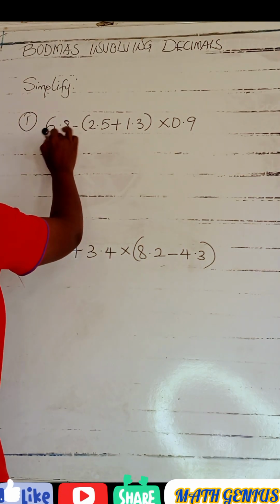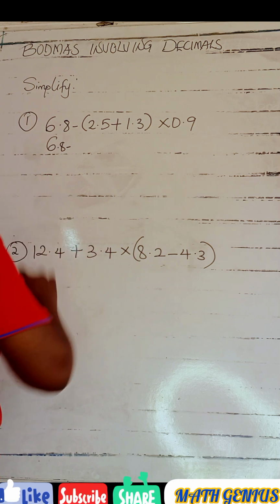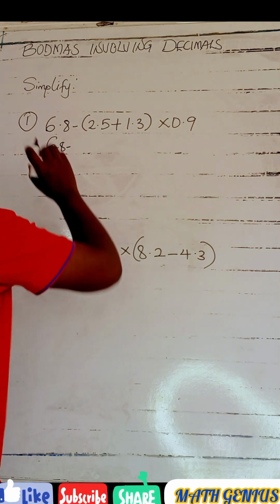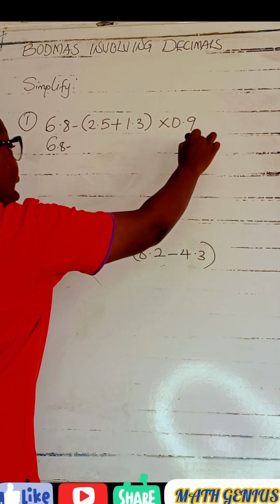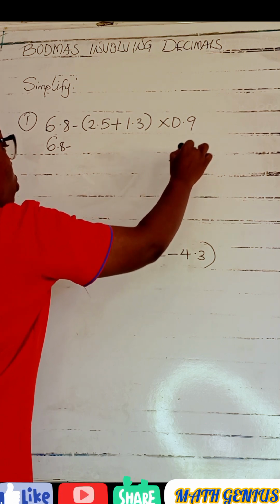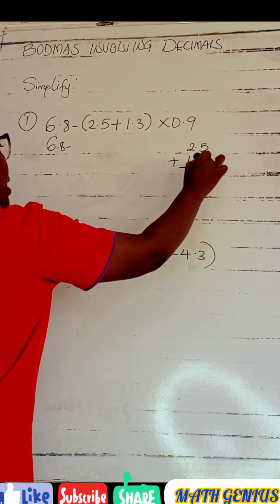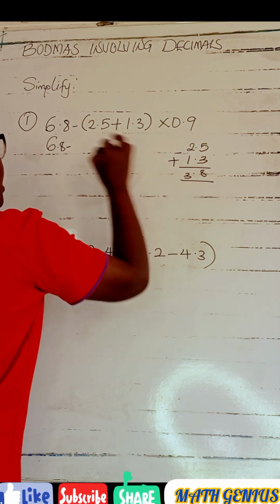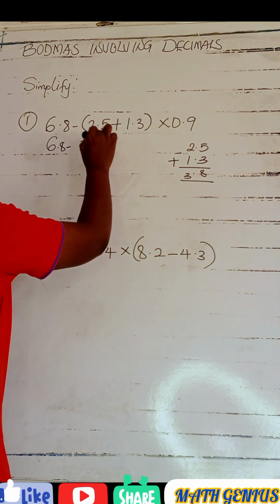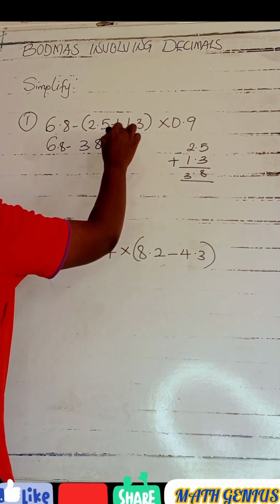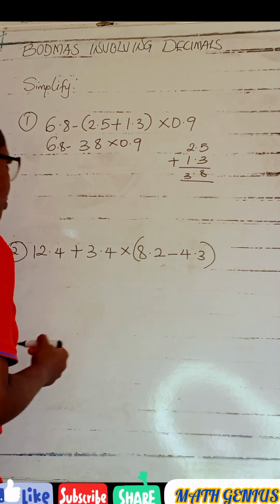So you drop your 6.8, drop your minus, and 2.5 plus 1.3. Let me do the short working here. 2.5 plus 1.3, that is 3.8. We just finished simplifying what is in the bracket. Then you drop your times 0.9.